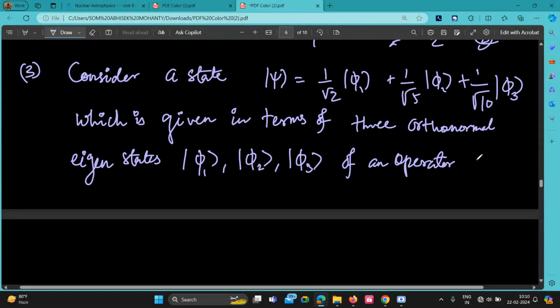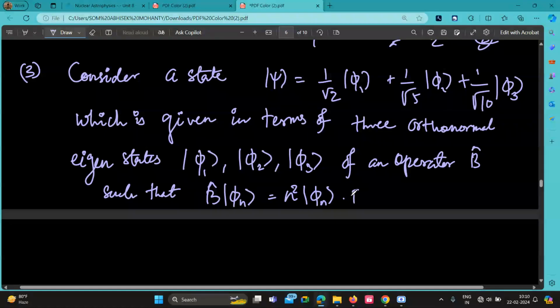an operator B such that B phi n is equal to n square phi n.